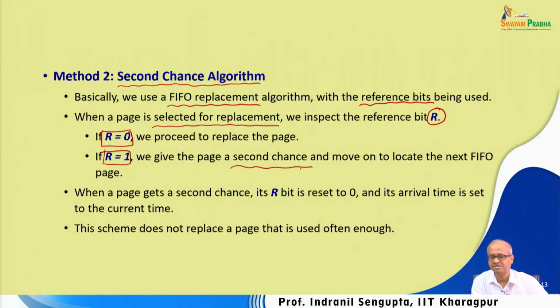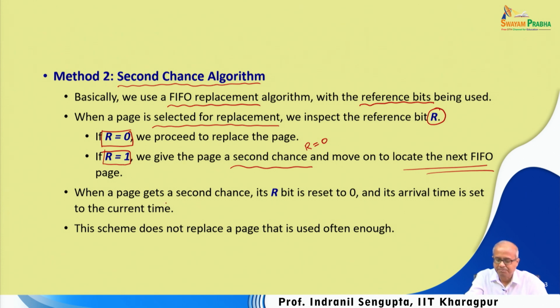You set the R bit again to 0 and move on to locate the next FIFO page for replacement. If next time this page is selected and the R bit is found to be 0, then you replace it.